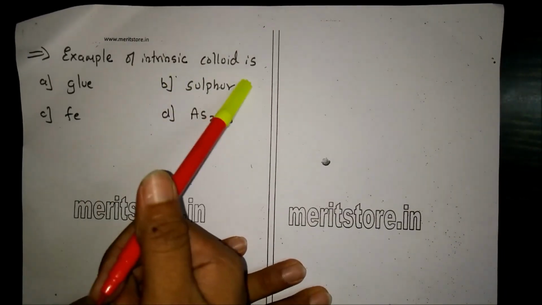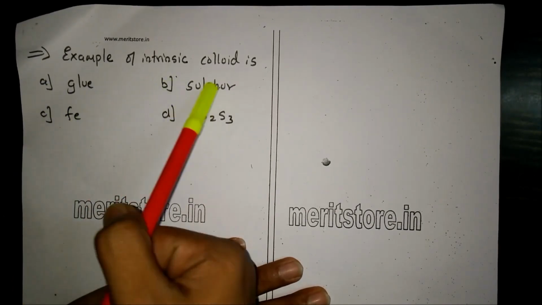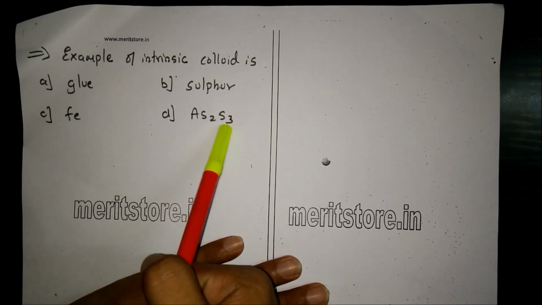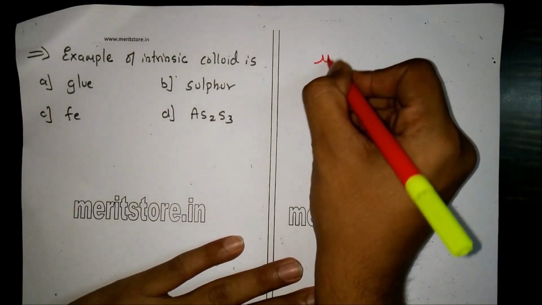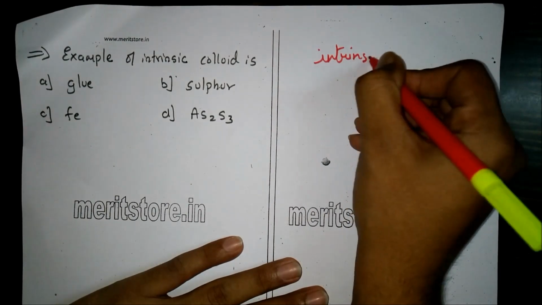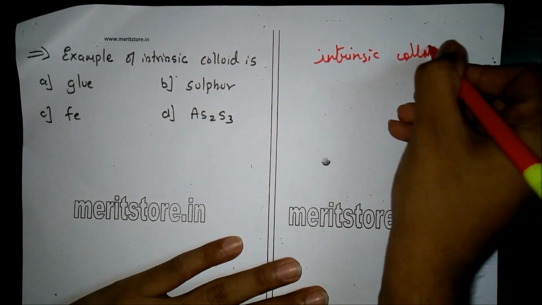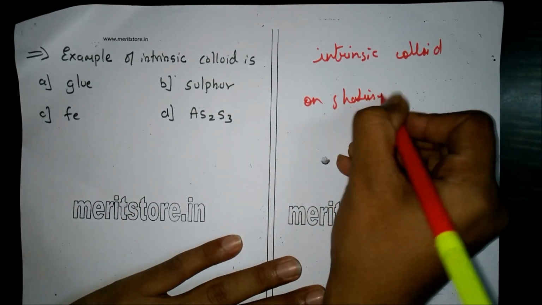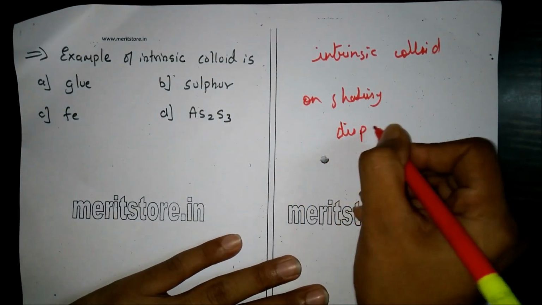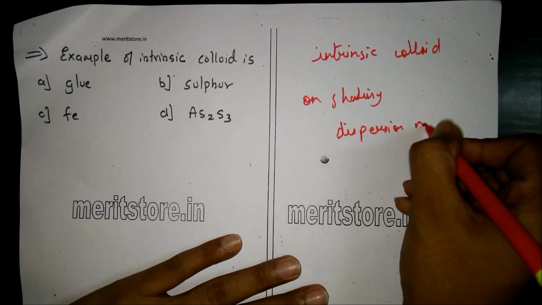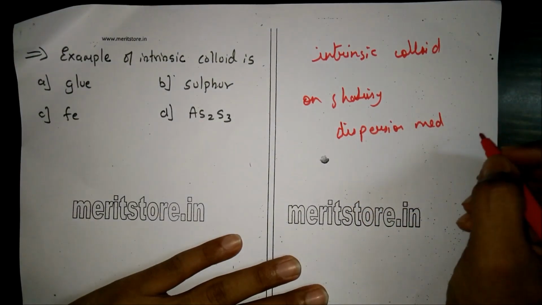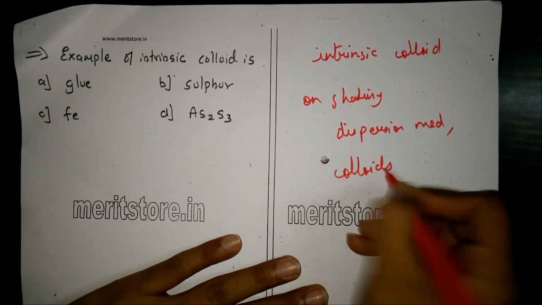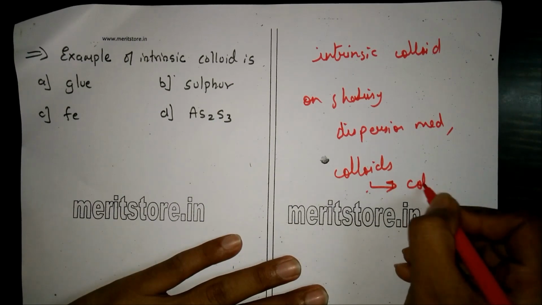Example of an intrinsic colloid is: A, glue; B, sulfur; C, iron; and D, As2S3. Now what are intrinsic colloids? On shaking with the dispersion medium, these colloids directly form the colloidal solution.